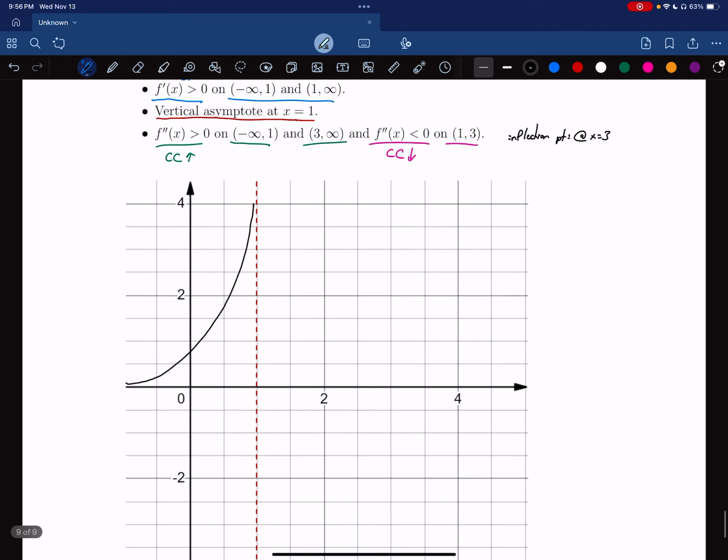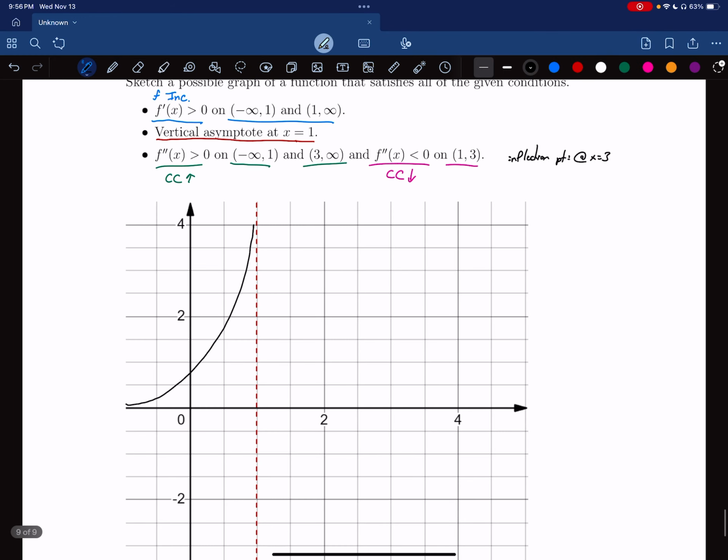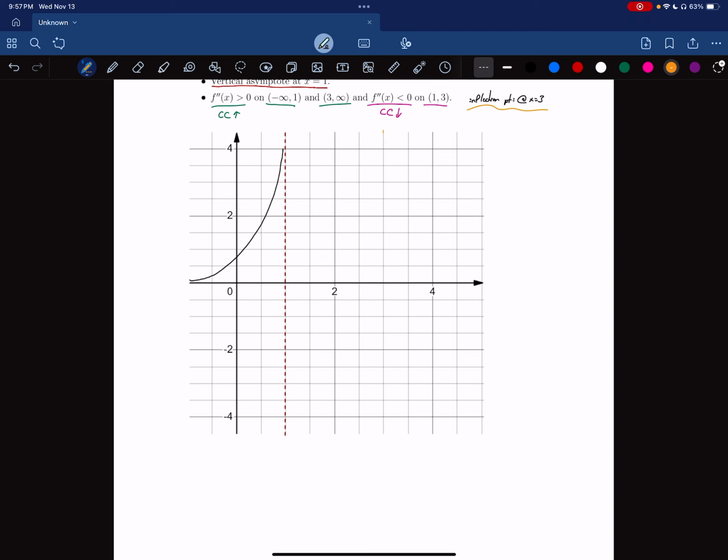Next, we know that our function will still be increasing, but it'll be concave down from 1 to 3. Regarding this inflection point, I'll draw another little vertical dashed line to mark it.